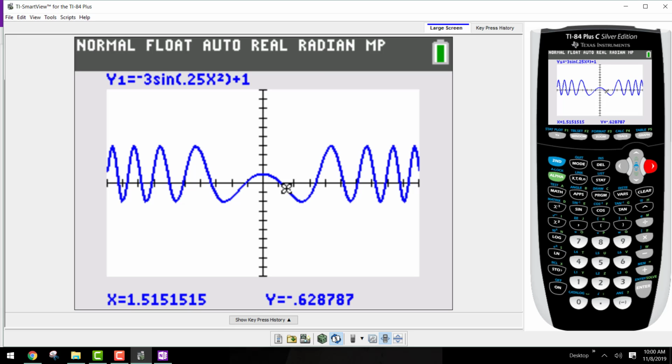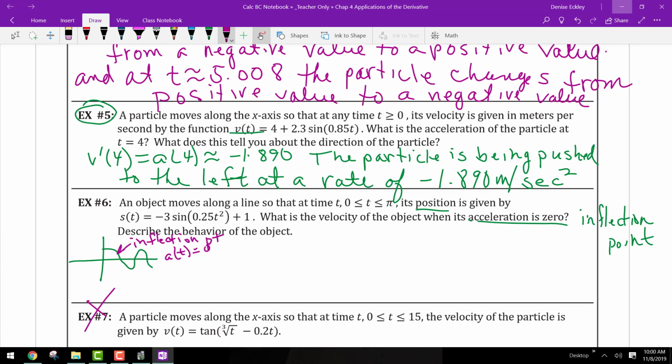Okay, so I am going to put that t is approximately equal to 1.515, and then I'm going to find v of 1.515, because we want to know what is the velocity.